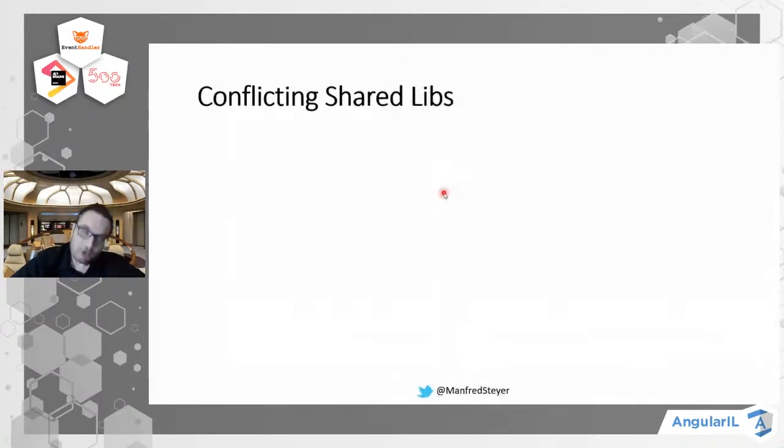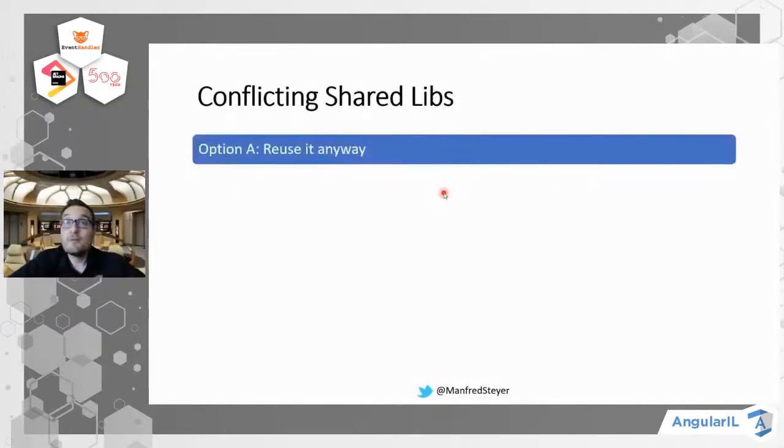Because when going with micro frontends, you are turning compile time dependencies into runtime dependencies, meaning they meet each other the first time at runtime, and perhaps they don't fit to each other because they expect different versions of the same thing. So for this, module federation provides several options.